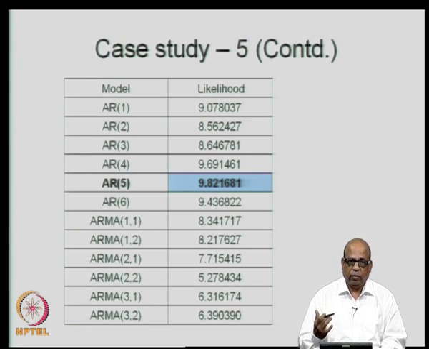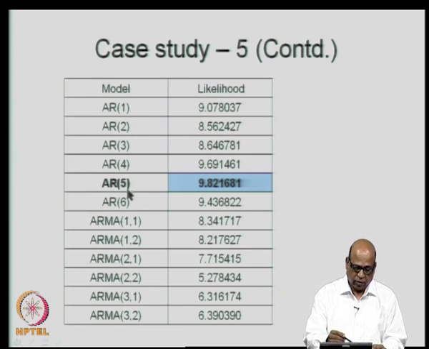But typically what we do, as I mentioned in the last lecture, is that we formulate a number of candidate models and then look at the likelihood values. So, the candidate models we consider in this case are AR1 to AR6 and then ARMA 11 to ARMA 32, 11, 12, 21 etcetera up to 32.